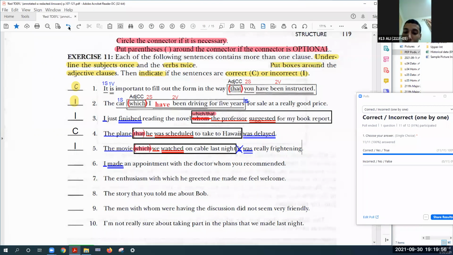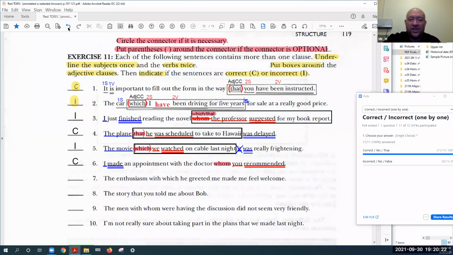Whom, adjective clause, connector. Right. And then? You, second subject. And then? Recommended, second verb. Yeah. There you go. Where do I put the box? Whom. Just whom you recommended. All of it.